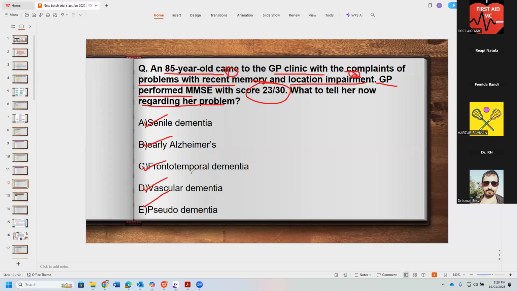So she's having mildly low MMSE score. That shows that she is having mild dementia. And they have given you no other clue other than her age. So what would be the most likely cause in the elderly patient of 85-year-old having mild dementia symptoms, it will be senile dementia, right? Age-related dementia.